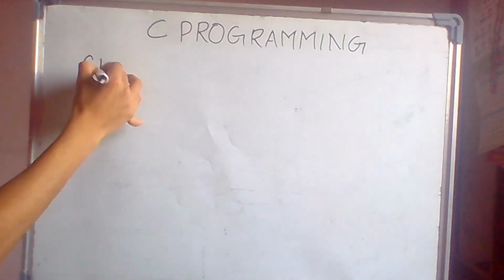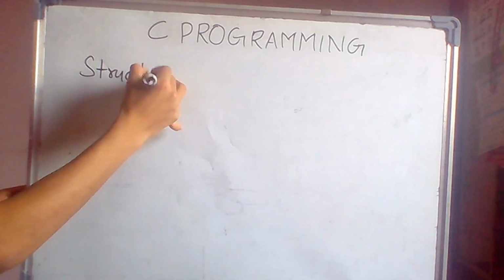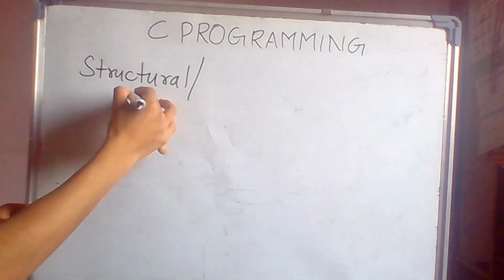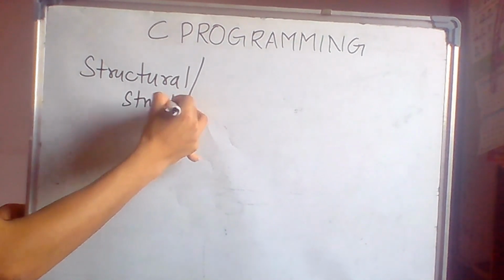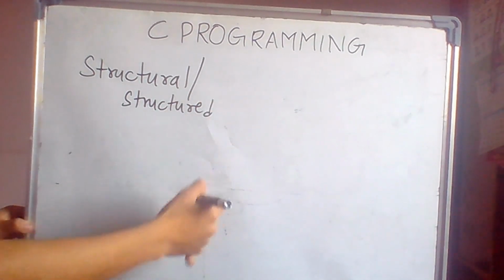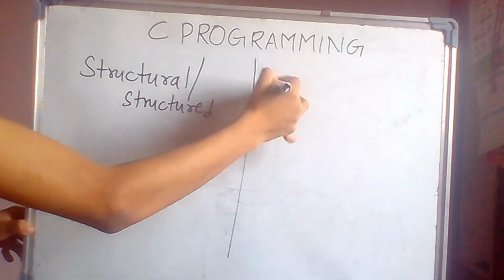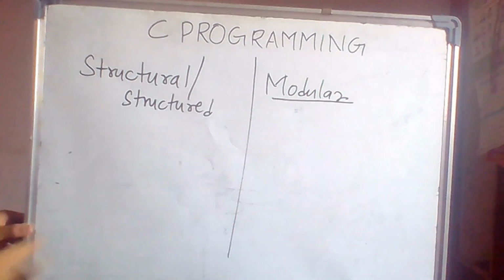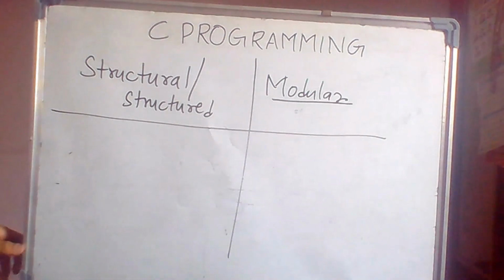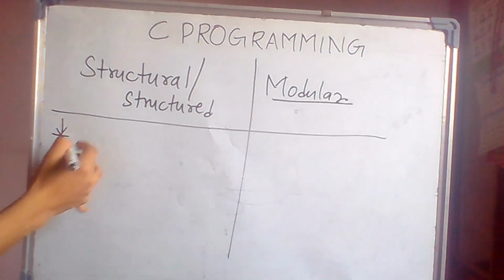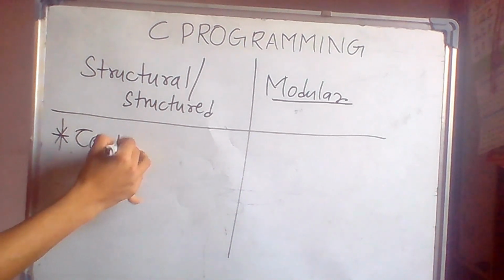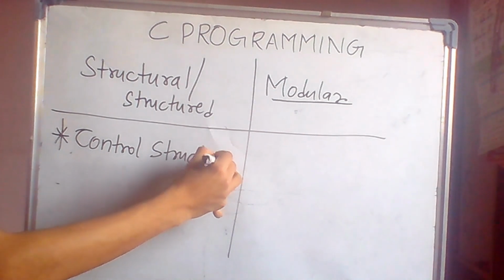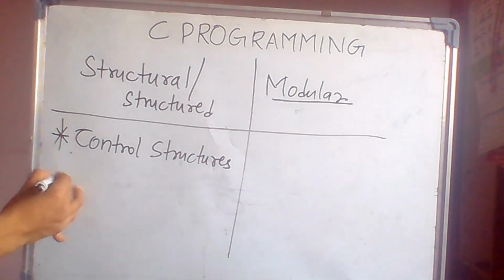And structural and modular, let me talk about these two topics which are very important in C programming and in any programming. You can also find these terms in QBasic, Quick Beginners All-purpose Symbolic Instruction Code.